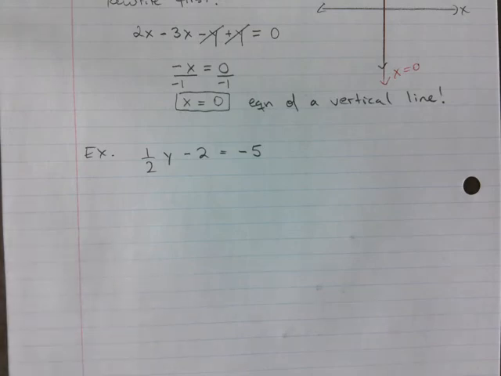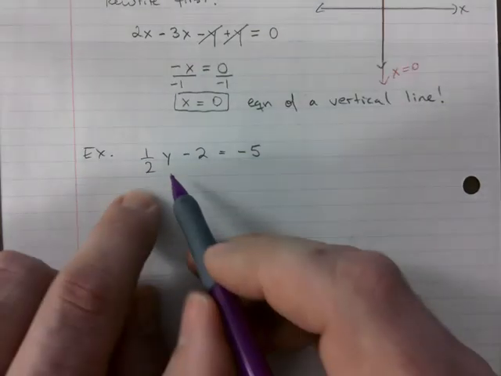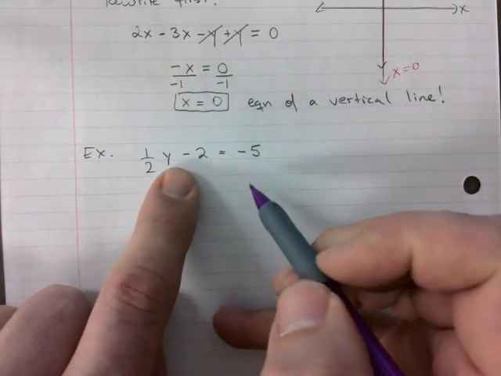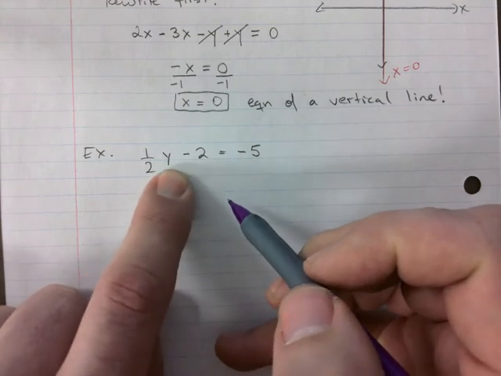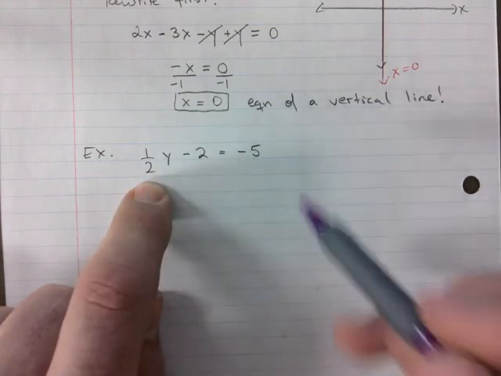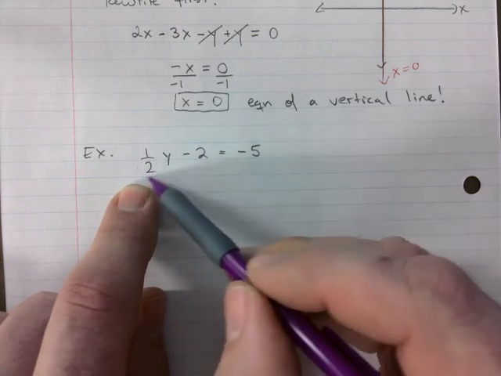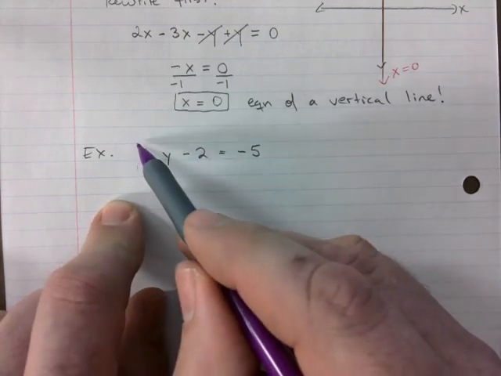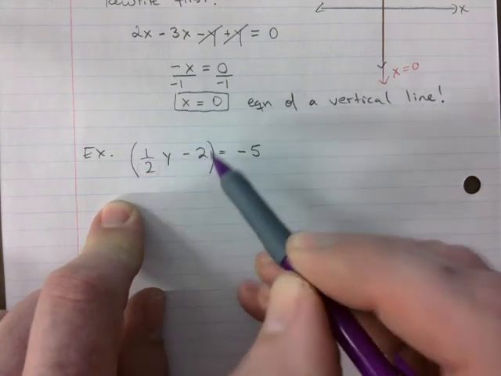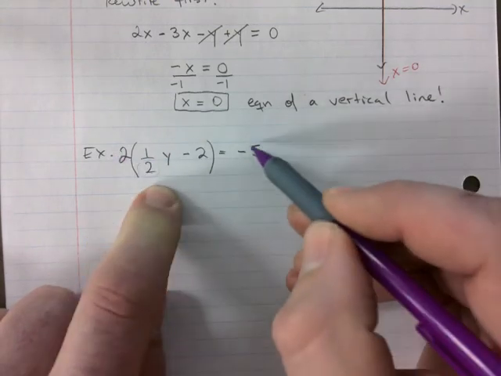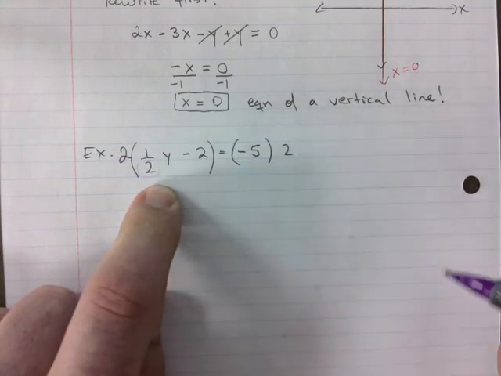Can I say, I don't know what your teacher said last year, but when I have a fraction in front of a variable, I just multiply everything by that denominator. So I will multiply this side by 2, and I multiply this side by 2 as well.